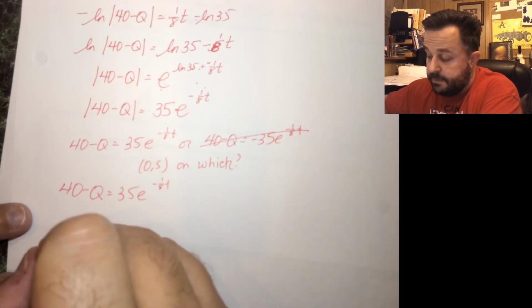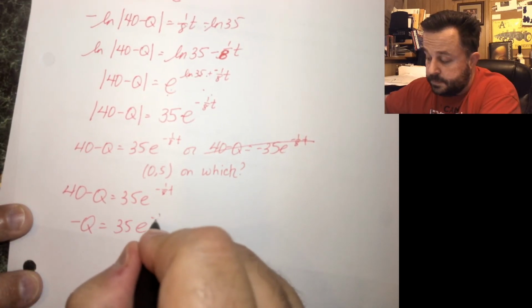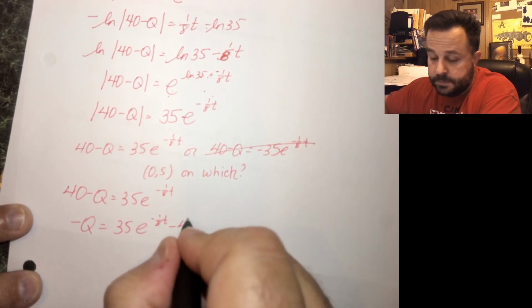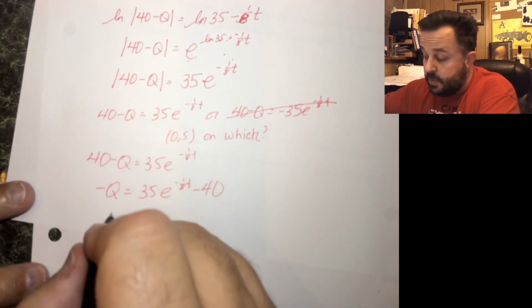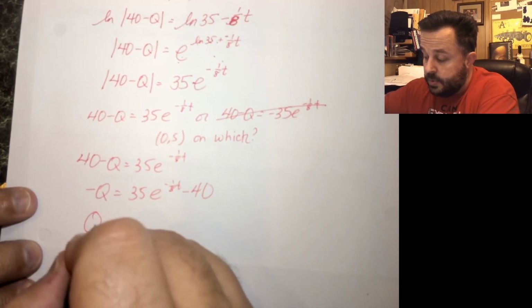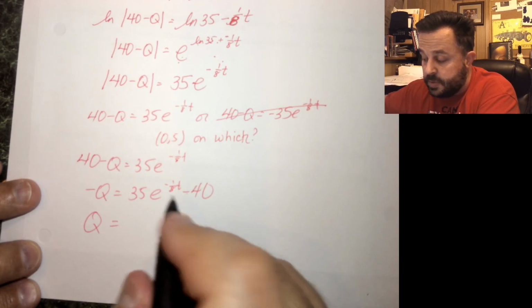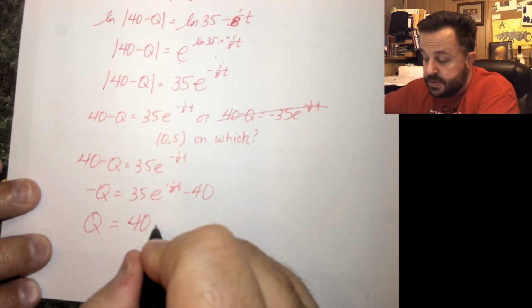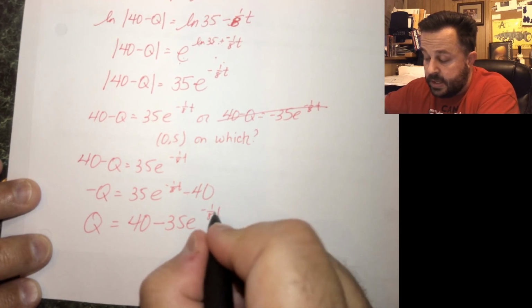We're going to subtract 40. And now multiply both sides by -1. So I get q is equal to, and I'm going to do the same thing here. This would become negative, this would become positive. So we get positive 40 take away 35e to the negative 1/8 t.